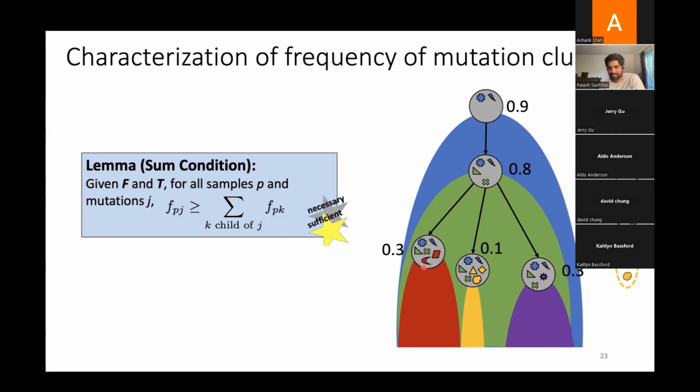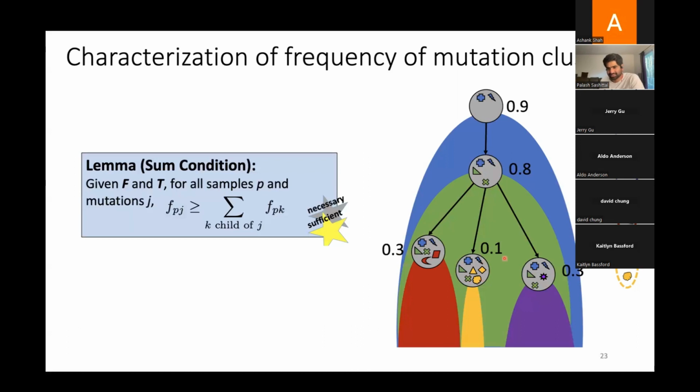Okay, and 30% have these set of mutations, 10% have these additional yellow mutations, and another 30% have these purple mutations. So if this tree is really true, then you would imagine that the sum of the frequencies of the children should be less than or equal to the frequency of the parent.